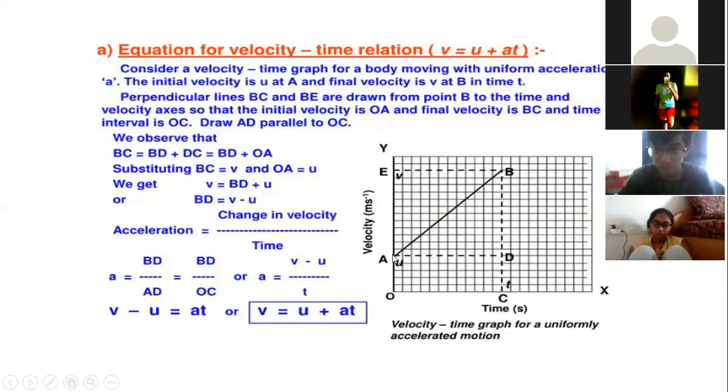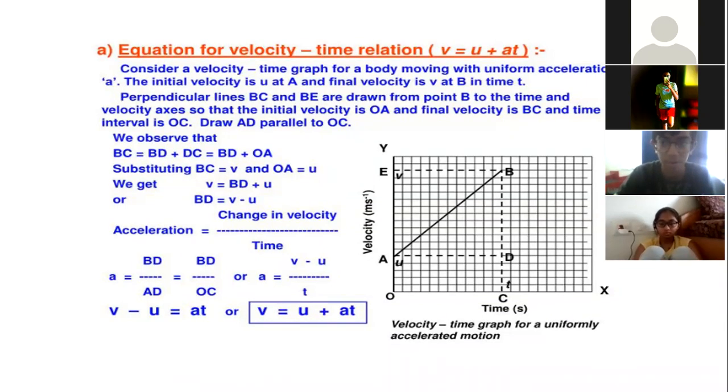If you consider a car, the particular car is starting from a certain velocity. It's not starting from zero. It is uniform, but it is starting from a certain point A. So the car has started from point A, which means your initial velocity is u.